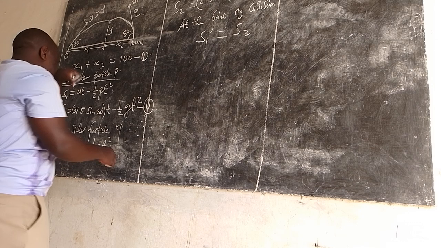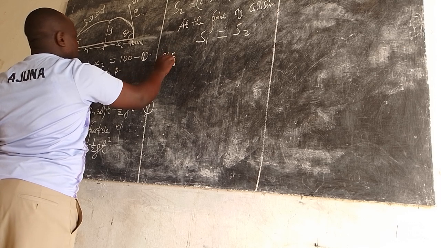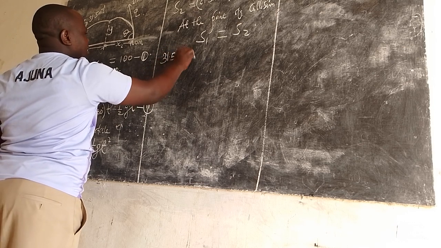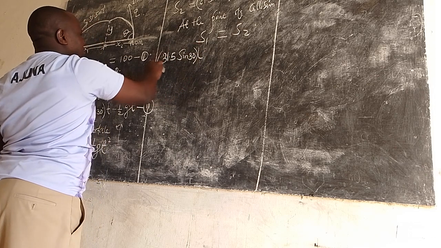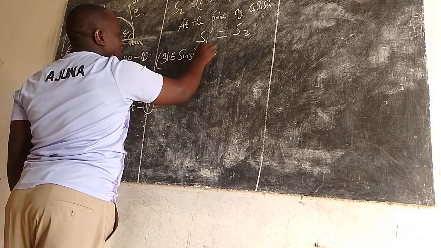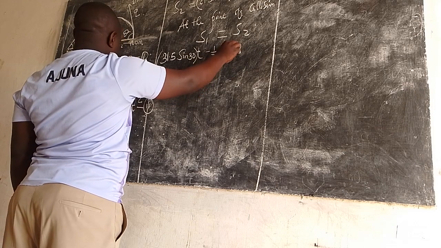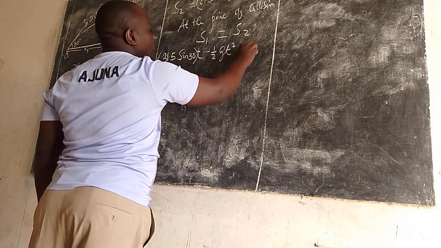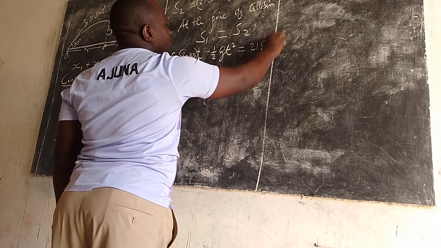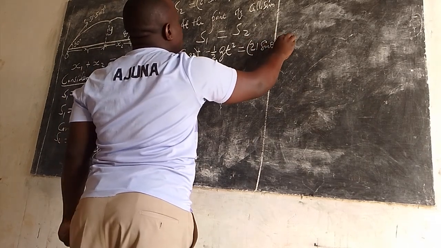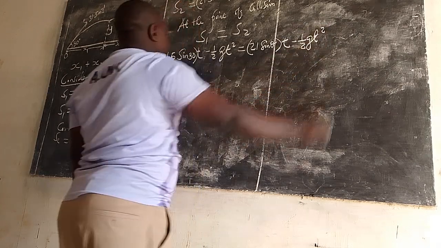So permit me to say that 31.5 sin 30, which is a half, times t minus half gt squared must be equal to 21 sin theta times t minus half gt squared.